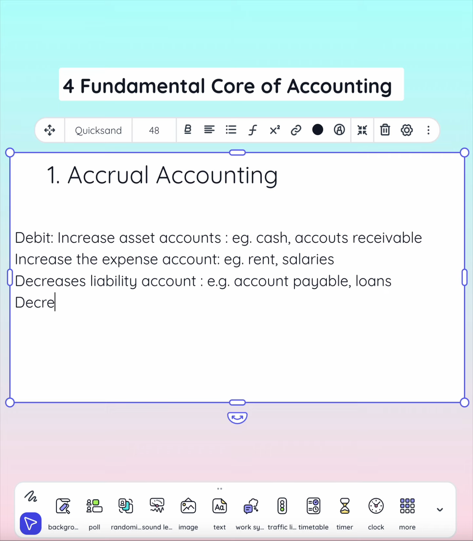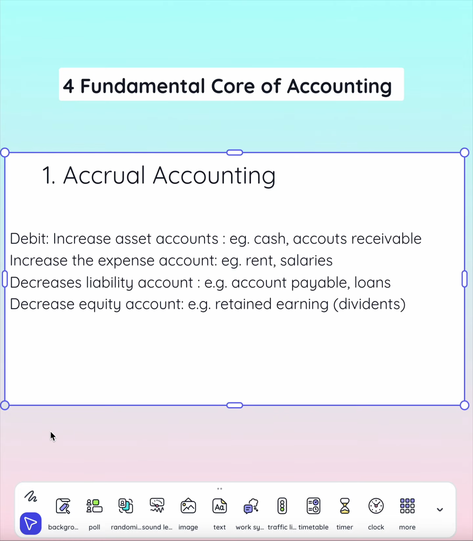It also decreases the equity accounts, for example retained earnings or dividends, where the profit is being divided. The profit is calculated after reducing all the expenses, and this is called retained earnings. So this is all about debit.